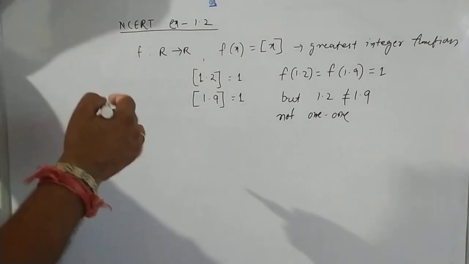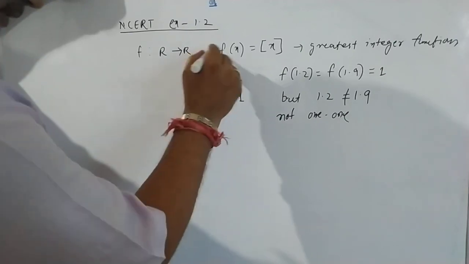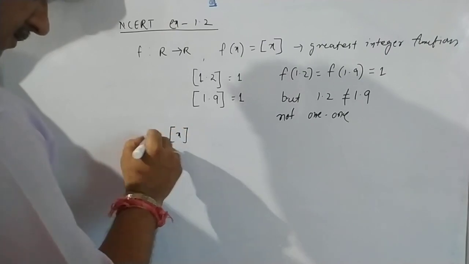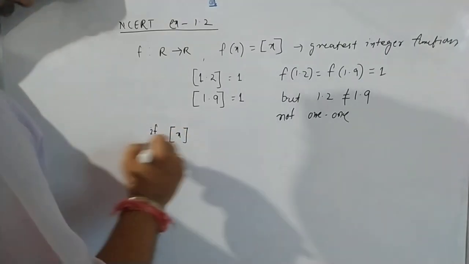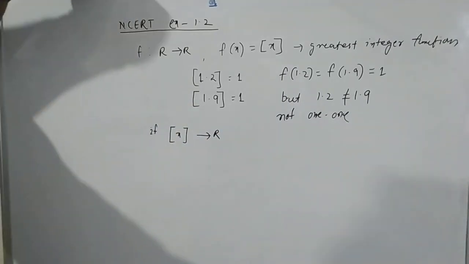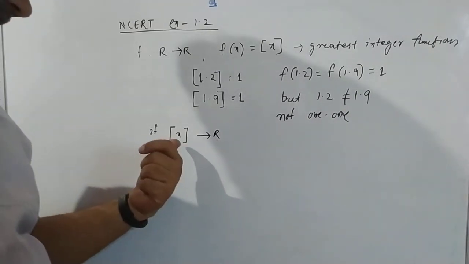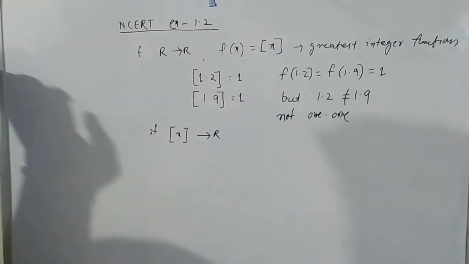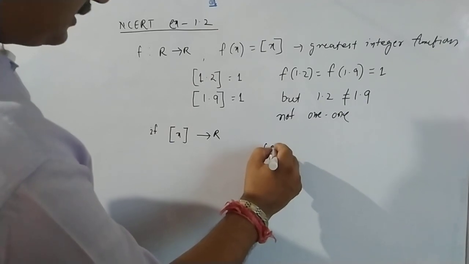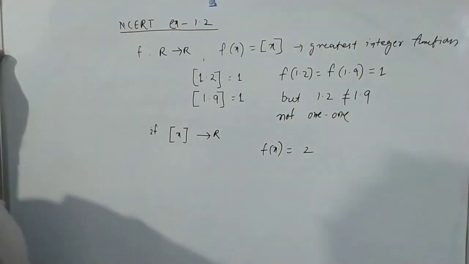For surjectivity you have to check whether this is onto, and since it is given R to R, the greatest integer value of x is a real number. Suppose f of x is equal to 2.